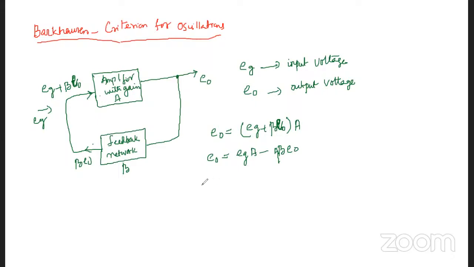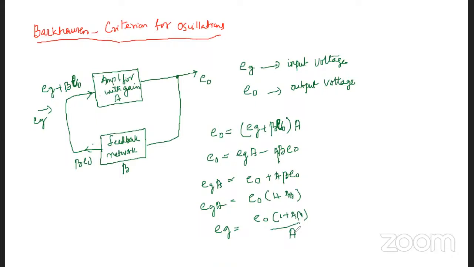So EG A equals E naught, and if I take the A beta E naught term to that side, it becomes minus.